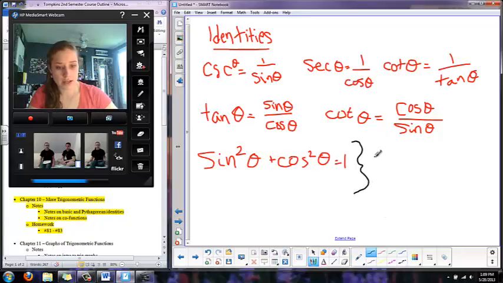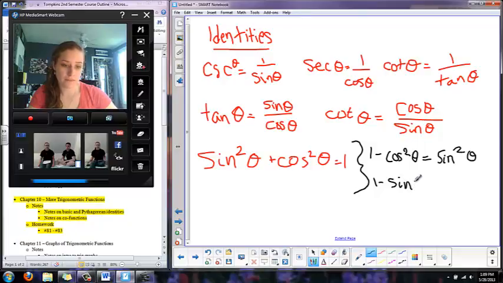We can write this as 1 minus cosine squared is equal to sine squared, because these two are the forms that you're going to see more often than that original one. And then the other one is 1 minus sine squared theta is equal to cosine squared theta. That's what you're going to see in homework questions more frequently, and probably on the test as well.